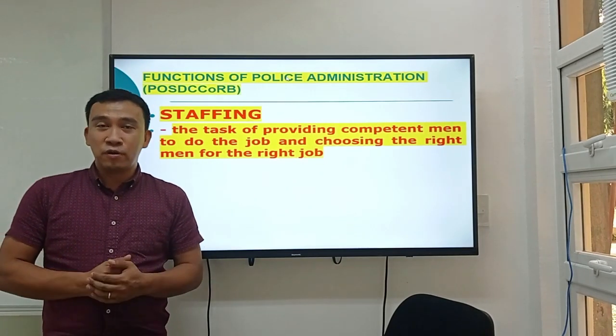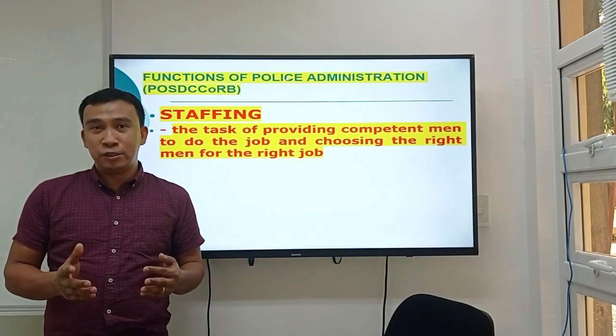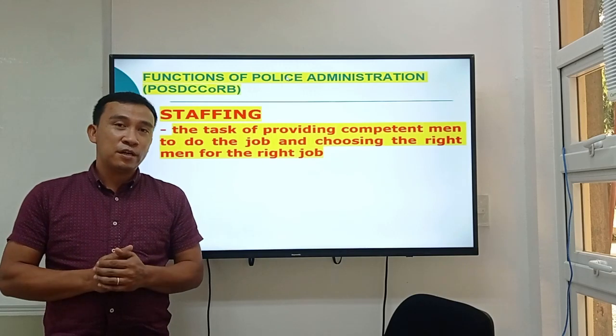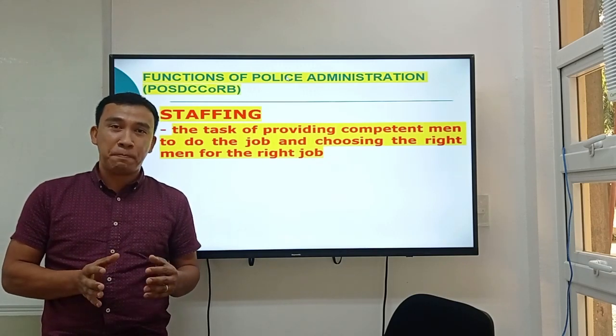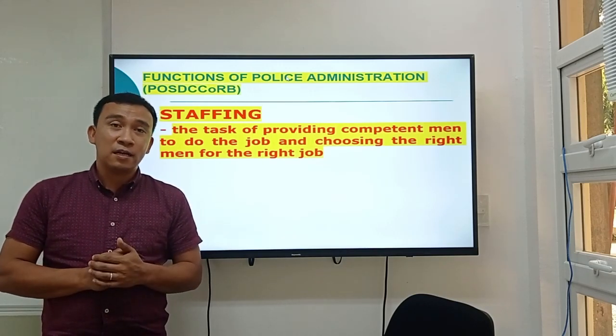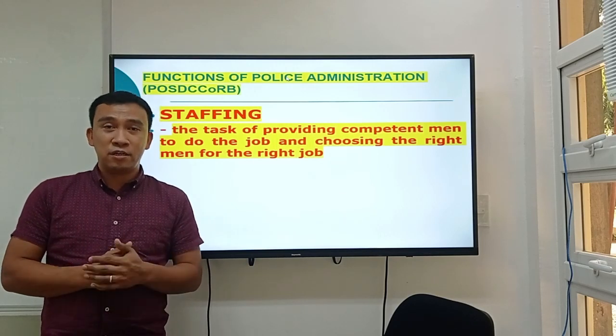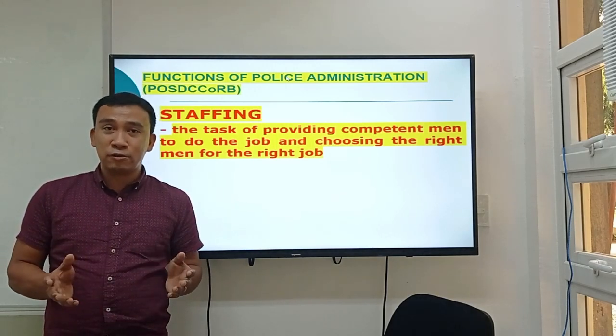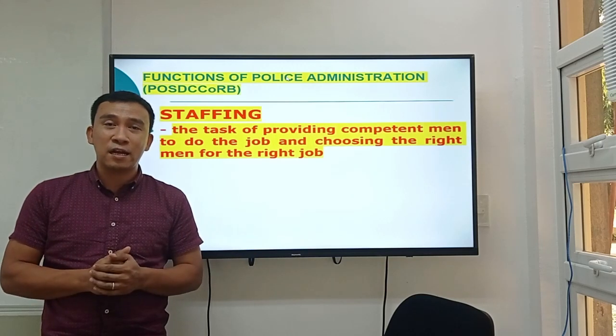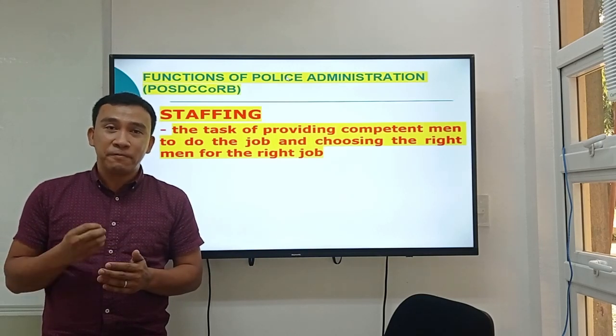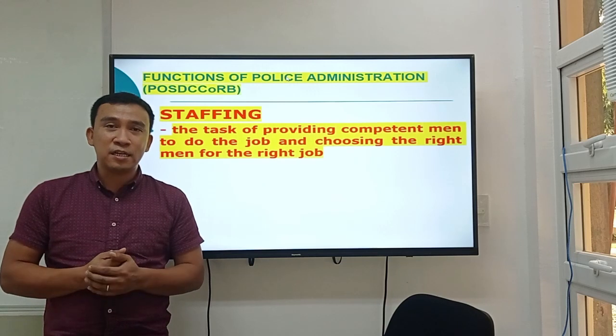Alam nyo, kung ang bawat organization ay susundin lamang ito at hindi magbabase sa palakasan system, then 100% sure na ang bawat organization natin ay talagang magiging effective and efficient sa kanilang mandates.